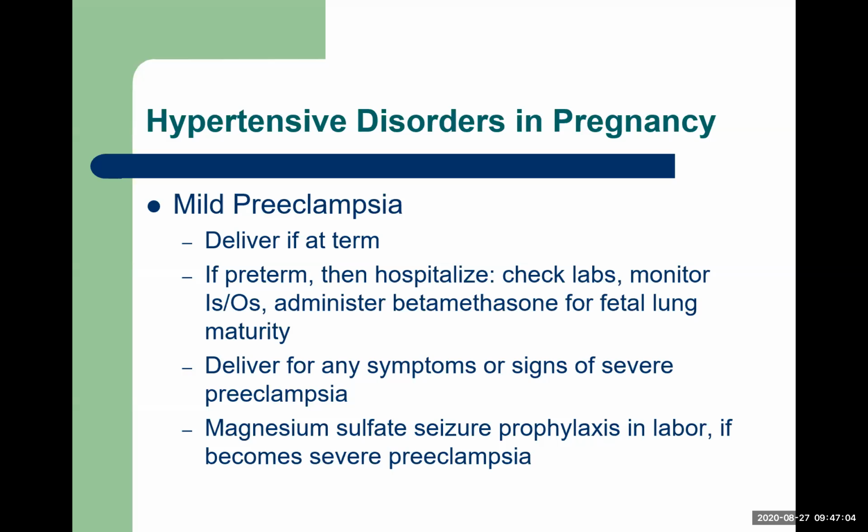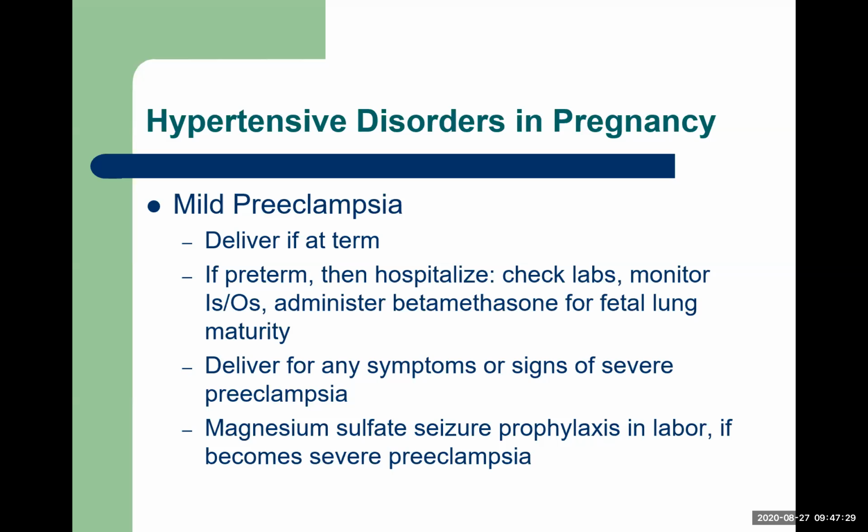Now, if the patient is premature, then these patients should be hospitalized so that we can determine their baseline risk to progress to severe preeclampsia. So these patients get labs, we monitor their I's and O's, and we administer betamethasone for fetal lung maturity.